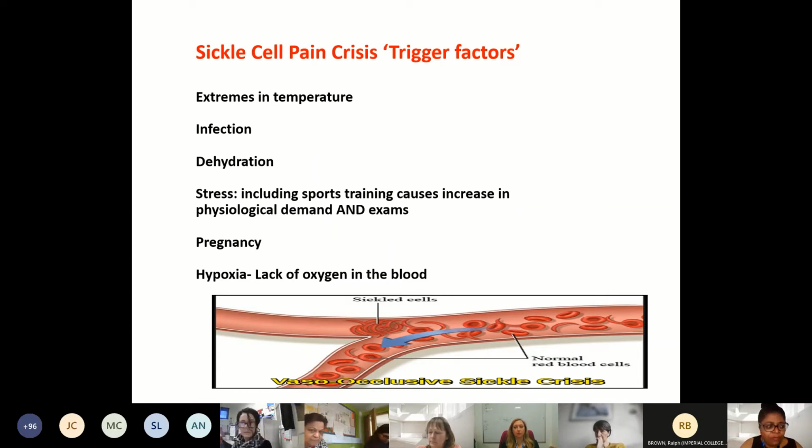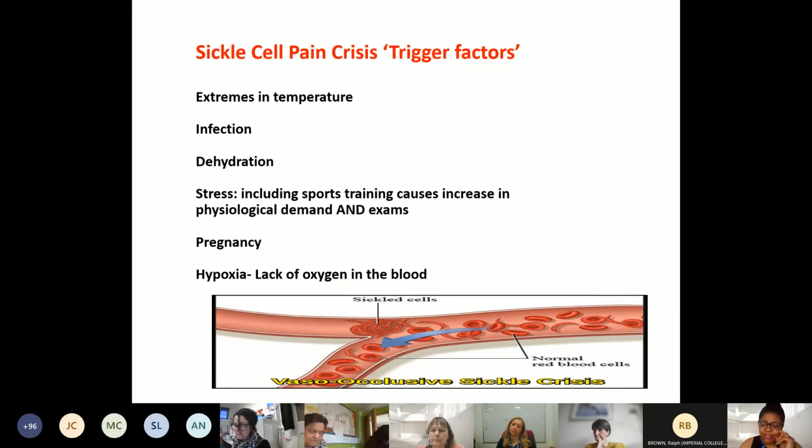It's really important for children with sickle cell disease, and adults, to be kept well hydrated. We ask them to drink 2.5 litres per day to help get rid of the sickle cells in the body, so they have a lesser chance of getting infection.